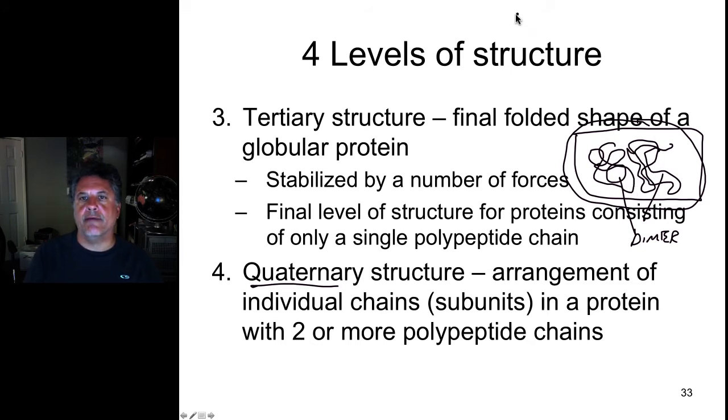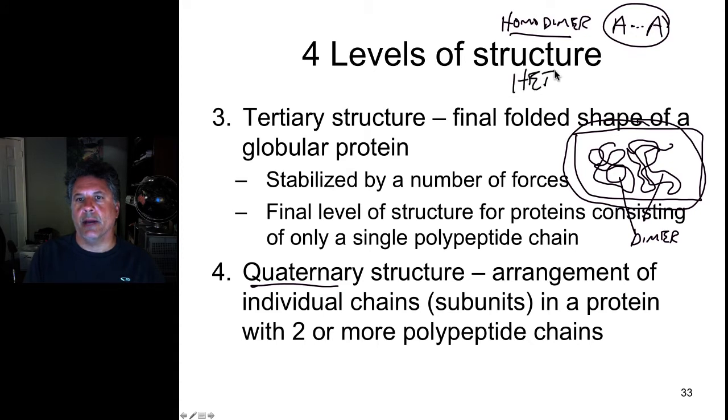Now you can have homodimers for proteins, and those would be where the two subunits are identical. Homo meaning the same. So an A subunit comes and interacts with another A subunit, and this forms the functional protein. But there are heterodimers as well.